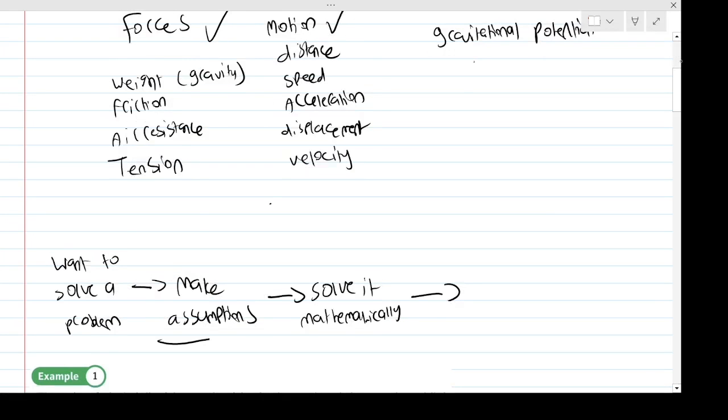So when we make assumptions, the problem will be a bit different, a bit more simplified. That will mean we won't get an exact solution to the actual problem, but we'll get a good enough solution, a good approximation to the solution.